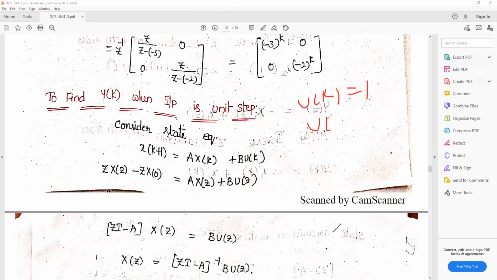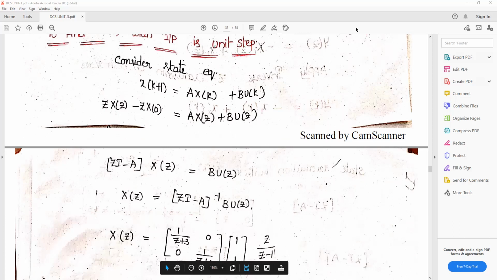What is u of z? 1 by z minus 1, the unit step signal. For the ramp signal it is 1 by s square, in z it is 1 by z square, and for the parabolic signal it is 1 by z power 3.